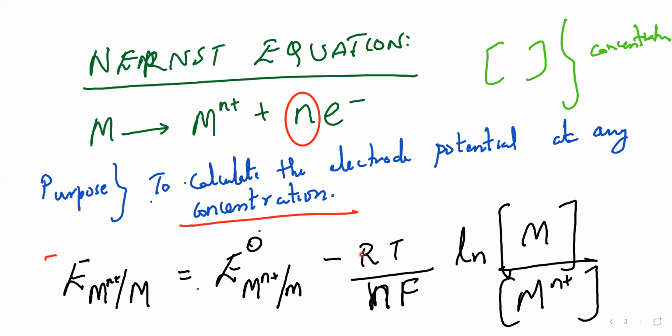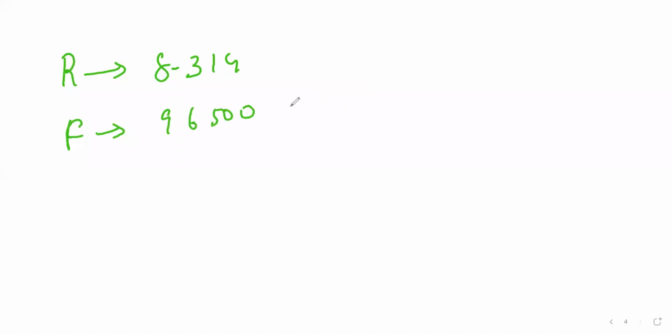R is my universal gas constant. I'll write it down here. Universal gas constant, that is 8.314, let's leave out the unit here. F is Faraday's constant, 96,500 coulomb per mole.